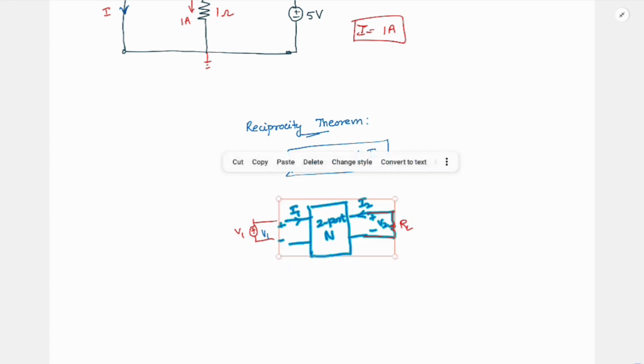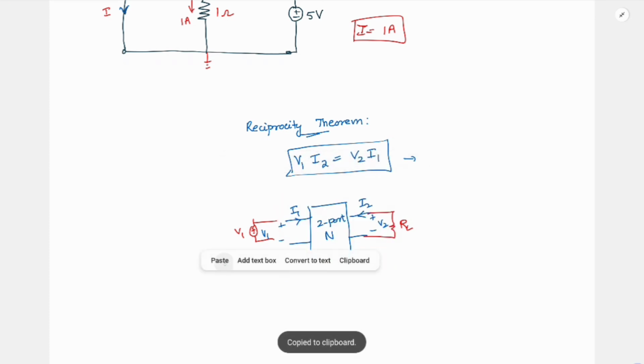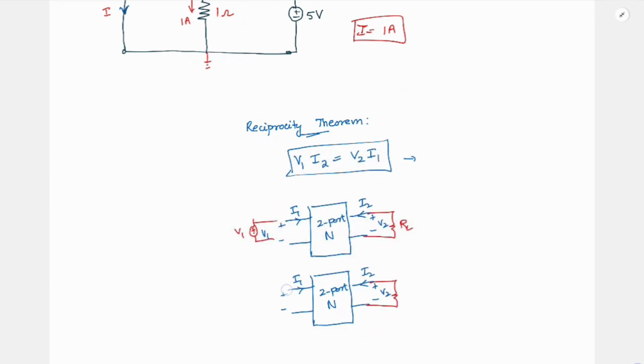In your second case, you connect the load RL here, or in this case RL is 0. Here you are applying the same voltage V across this and measuring this current, so this is my I1. My V2 is V now and I have to measure I1. I'm forcing a voltage of V at the input here and measuring I2 here.